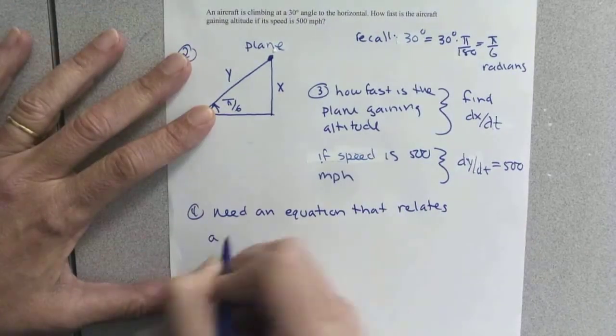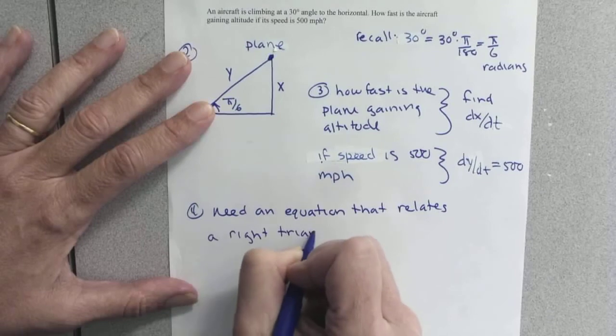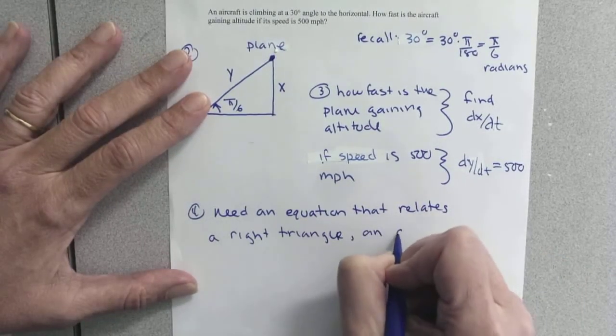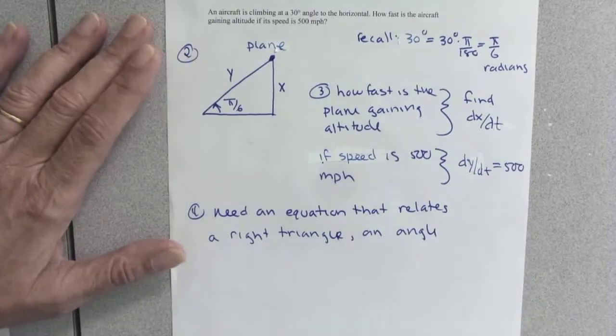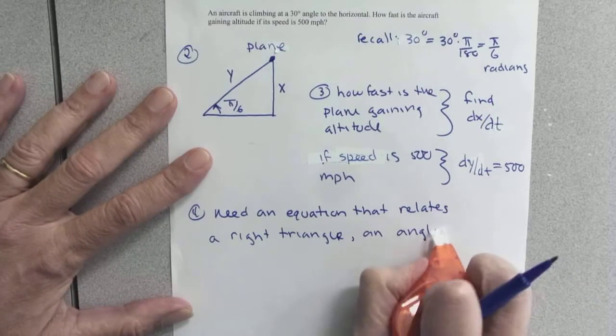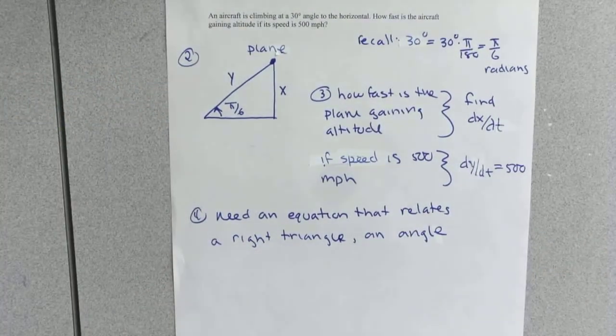We need an equation that relates a right triangle and an angle, because I have that pi over 6, and so I have to start thinking trigonometry. It is not going to be the Pythagorean theorem, because the Pythagorean theorem doesn't have an angle in it. Also, the Pythagorean theorem talks about all the sides, and we weren't really told about one of the sides.